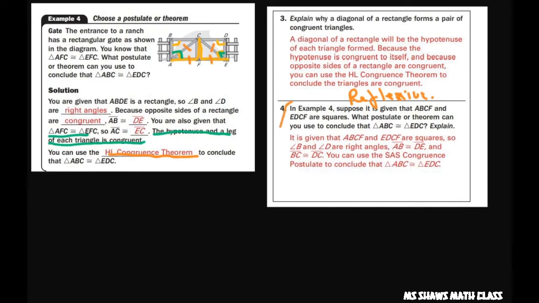And so I'll leave you to read that. The same thing is going to happen when you have squares. You have a diagonal. It's congruent to itself by the reflexive property. These are right angles, and they're opposite each other. So that means the triangles will be congruent. Basically, that is what this is saying.